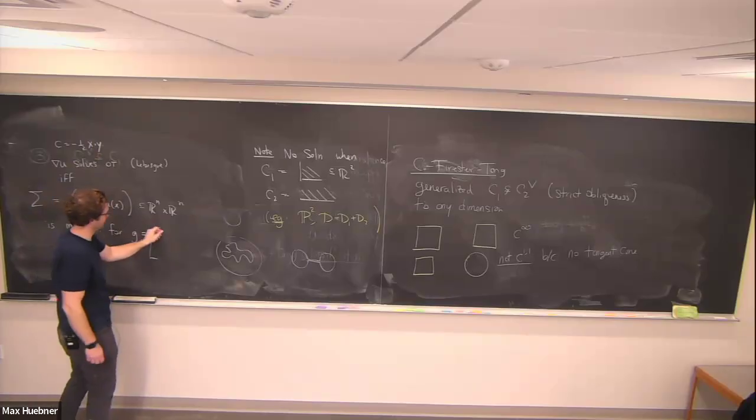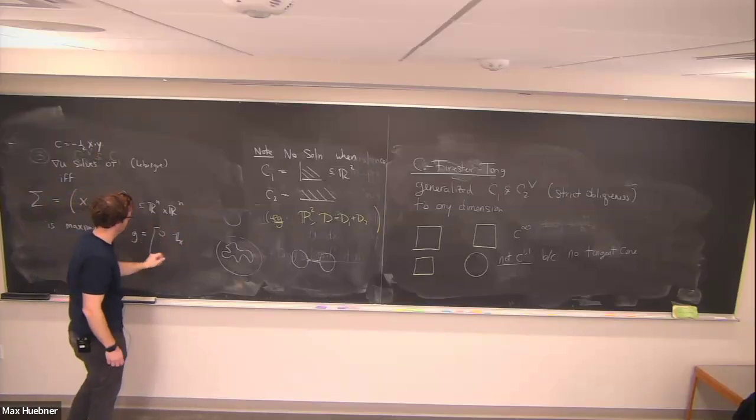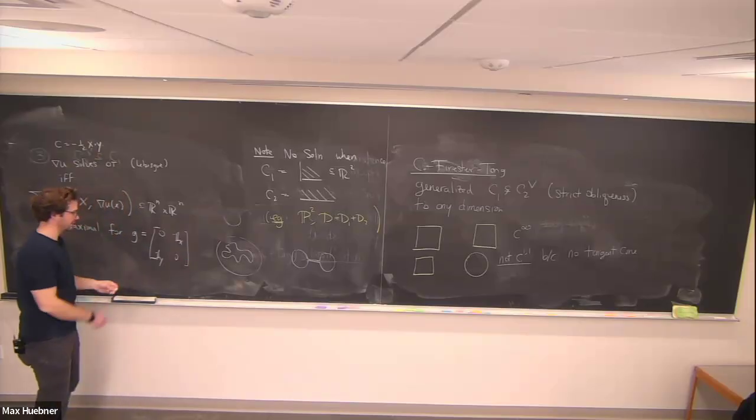So in this case, it looks like identity, identity, and 0. So it's basically the Hessian of C.